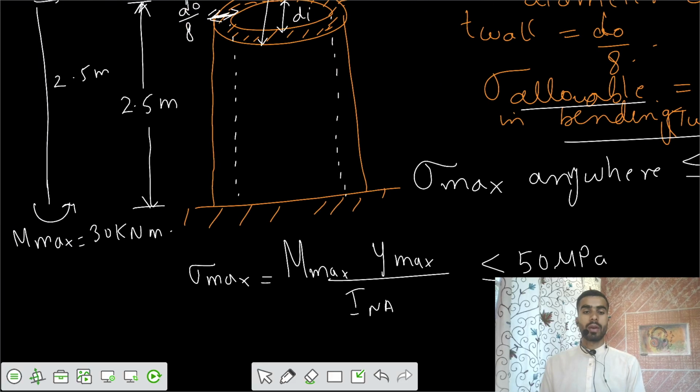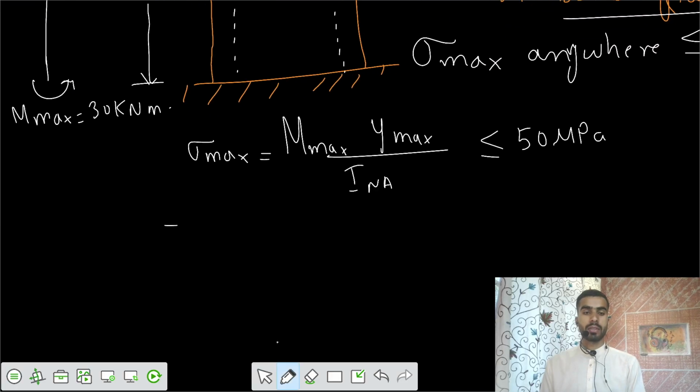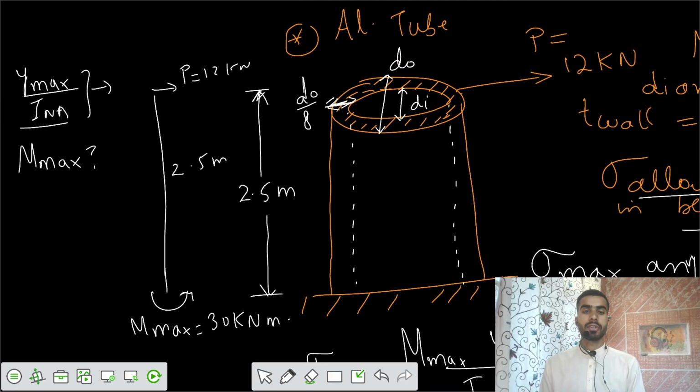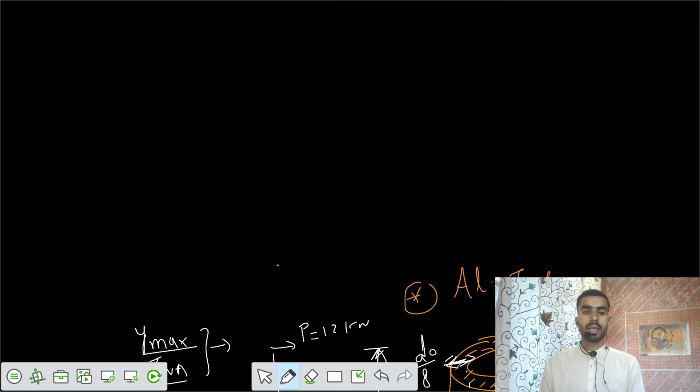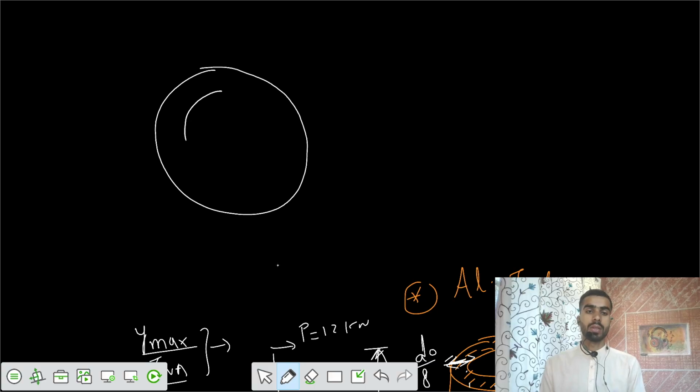Now the value of maximum moment we can show equals 30 kilonewton meter, and the value of y max would be equal to, so the section that is resisting looks like a hollow tube. We can say this is a hollow tube. So this is the resisting section.